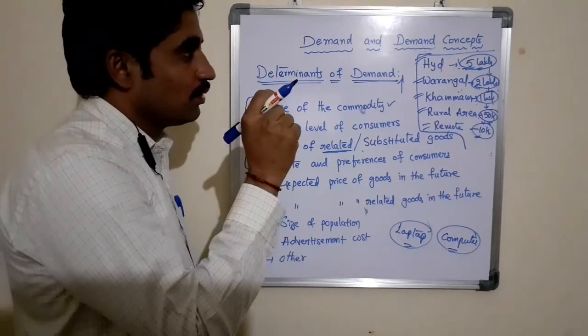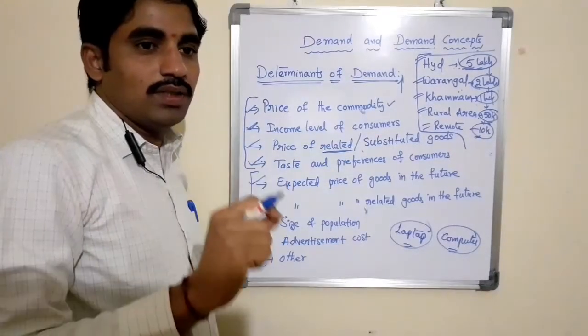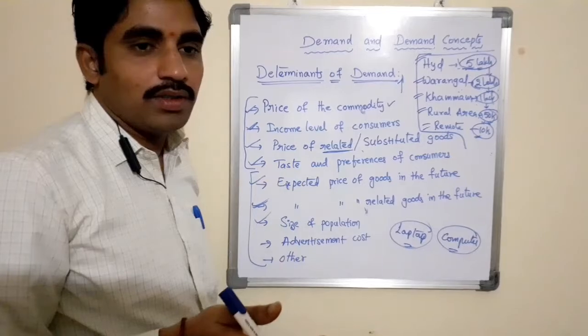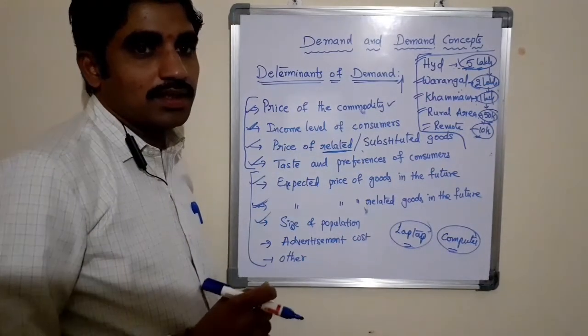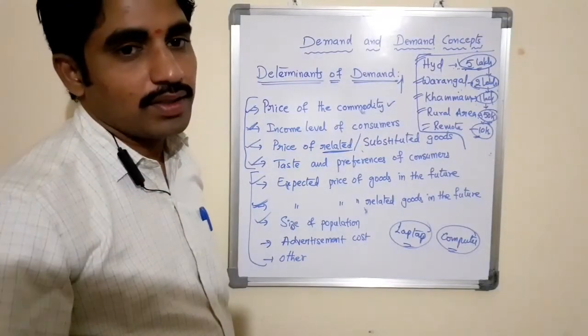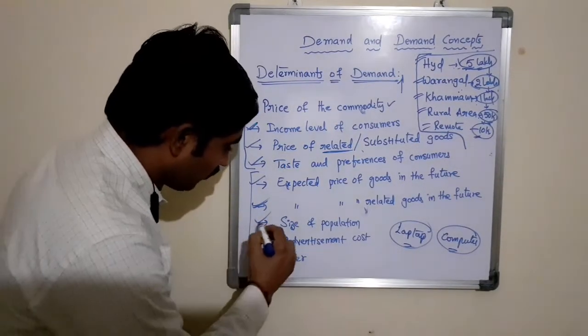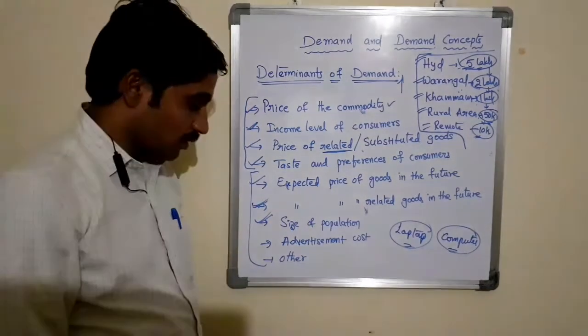That is due to the size of the population. As the size of the population increases, the quantity demanded for a commodity will also increase. If the size of the population decreases, the quantity demanded for a commodity will also decrease. This is how the size of population influences the quantity demanded of a commodity.